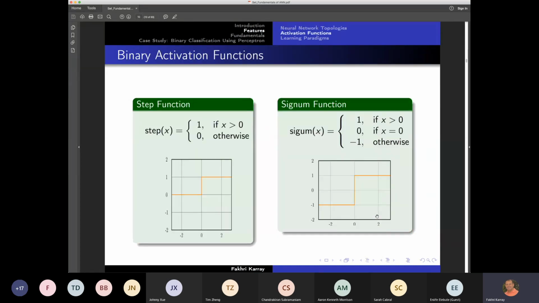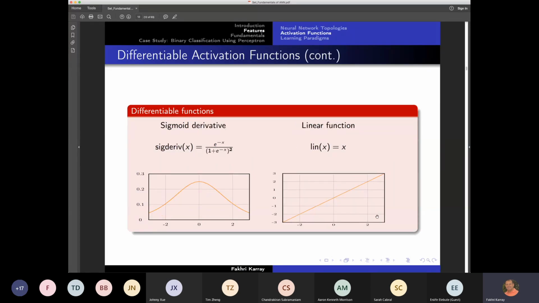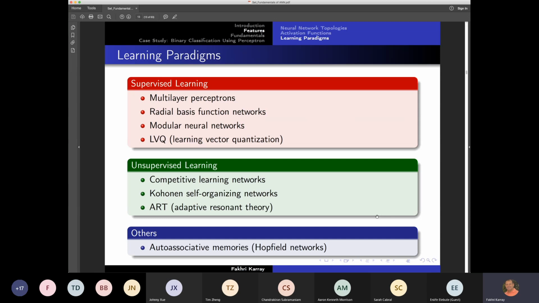So we spoke about topology, and then I spoke about activation function, whether they are binary, whether they are differentiable type of activation function. And then we spoke about the learning paradigms, and learning paradigms could be supervised, could be unsupervised, or it could be other mix of supervised and unsupervised learning. Of course, we are not going through all these type of learning algorithms. We are going to go through mostly the multi-layer perceptron. I used to go through the radial basis function networks.